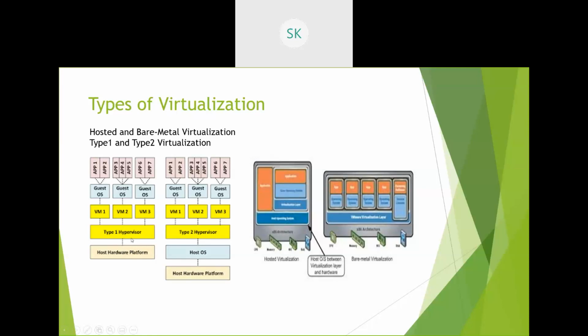But in this particular type 2 hypervisor, it is talking to the hardware through an OS. Once a hypervisor is there, on top of the hypervisor we are able to create virtual machines. We created 3 virtual machines for our lab.